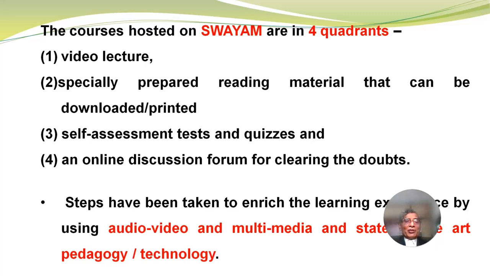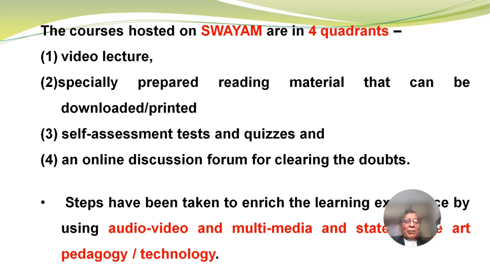You see, through video lecture, the students can understand the lecture. Through specially prepared reading material that can be downloaded and printed also, the students can study that material. It is on self-learning mode, that material and video lecture also.